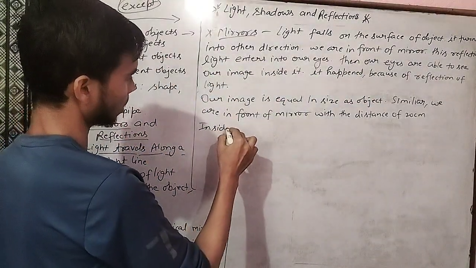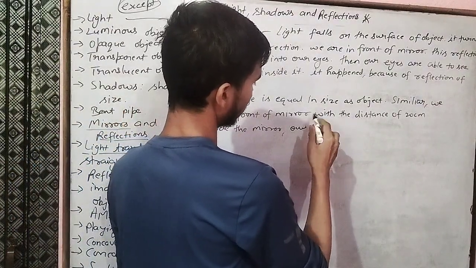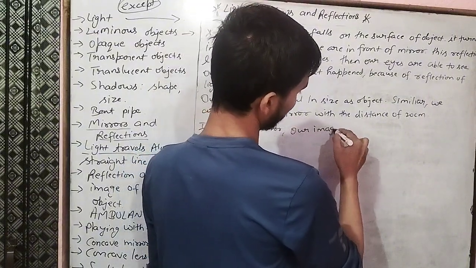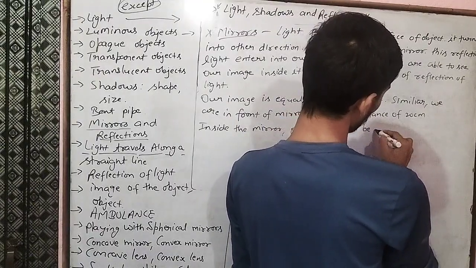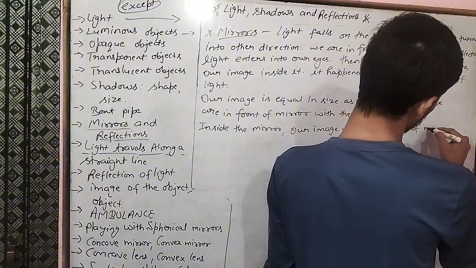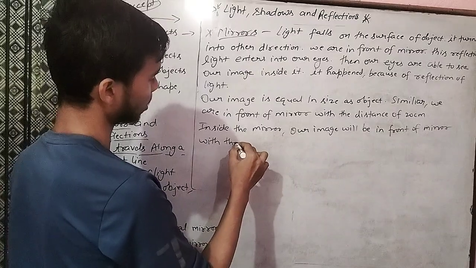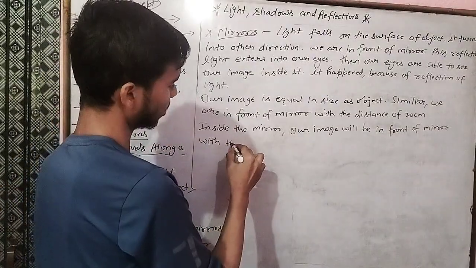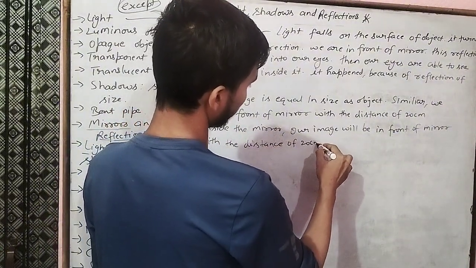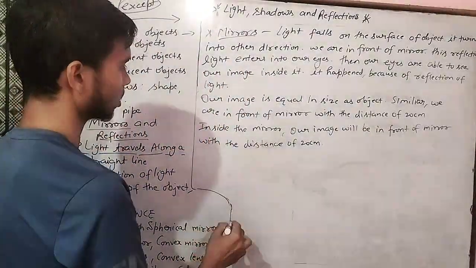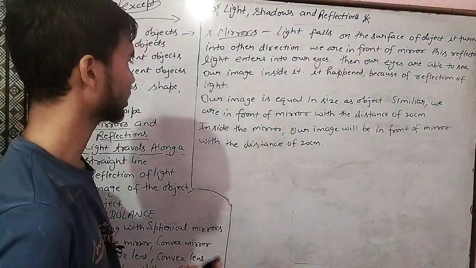Inside the mirror, our image will be in front of the mirror at a distance of 20 centimeters, which means the distances are equal.